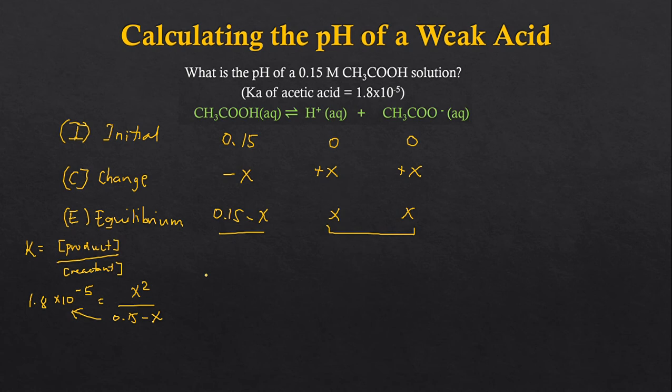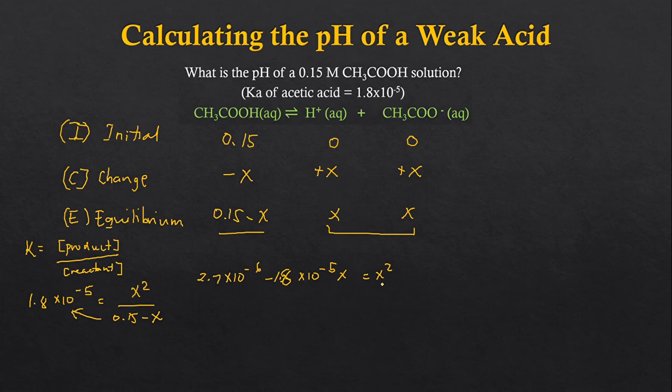So, we will get 2.7 times 10 to the negative 6 minus 1.8 times 10 to the negative 5 x is equal to x squared.